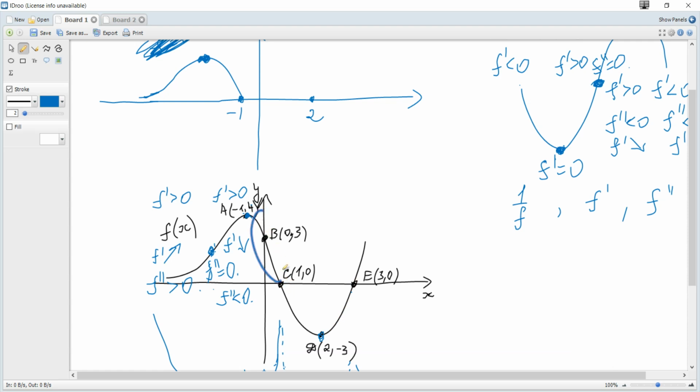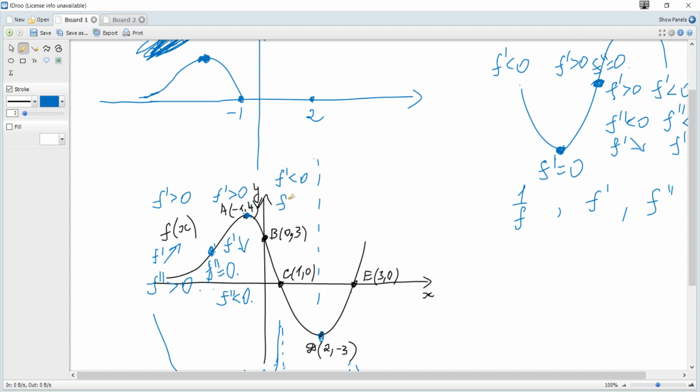and the function is decreasing up to d, so its derivative is negative. Up to d the derivative is negative, and it's concave down firstly, and it means what?